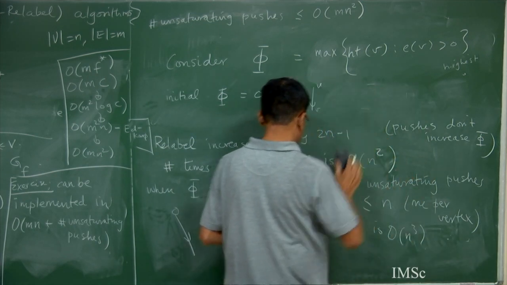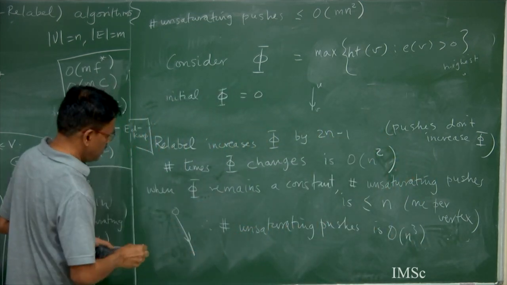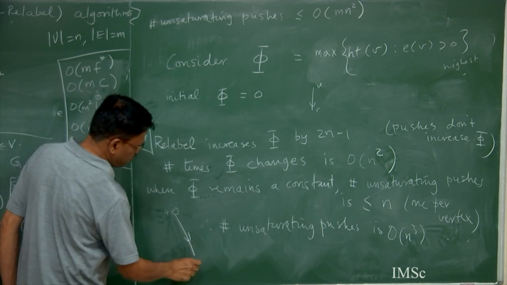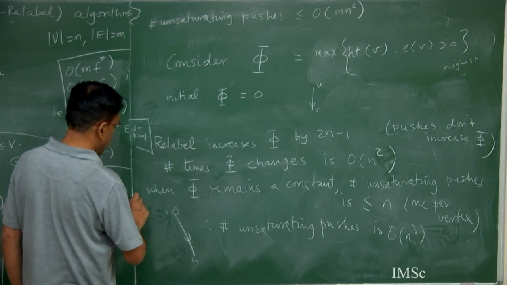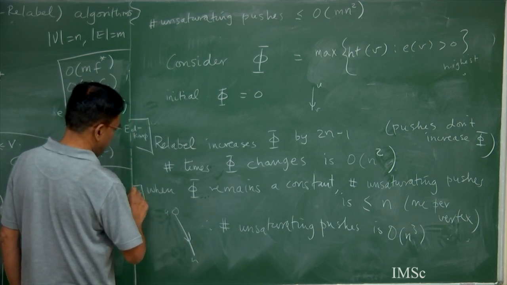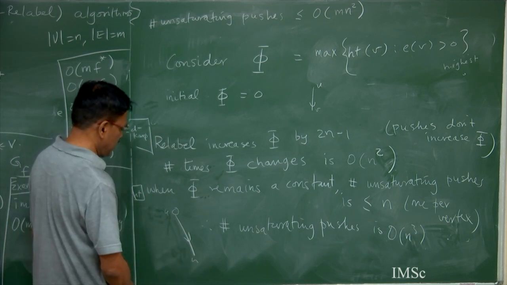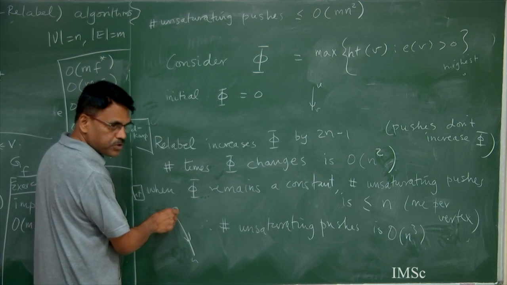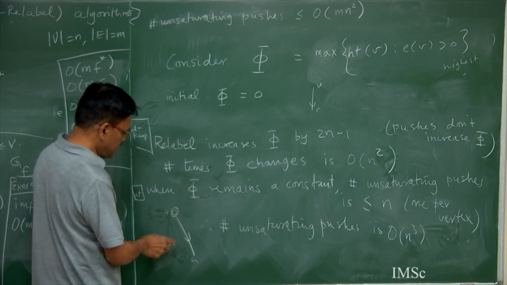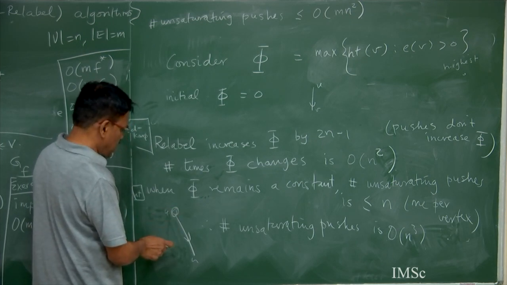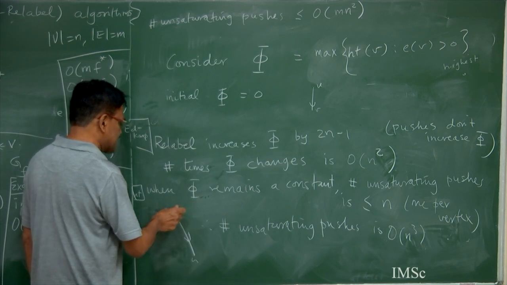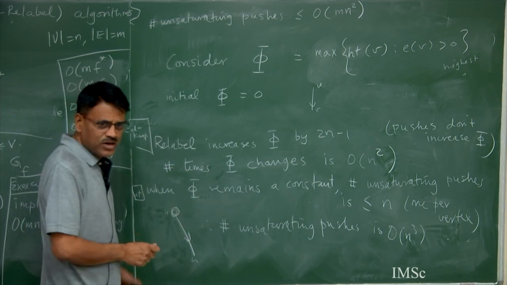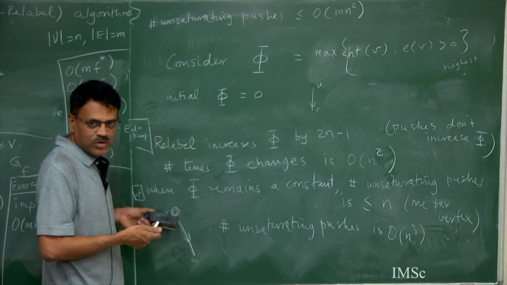So when I push from u to v, the max height remains at some point, and I pushed u to v. For this vertex to participate in another push means that this guy gets an excess, which need not come from v itself. I'm only talking about a vertex.